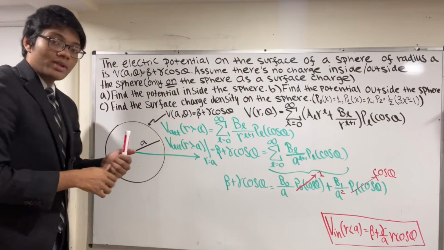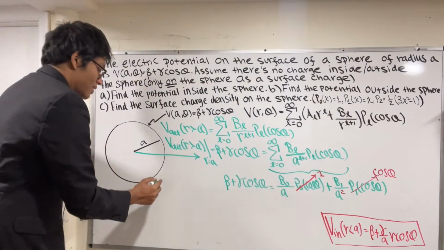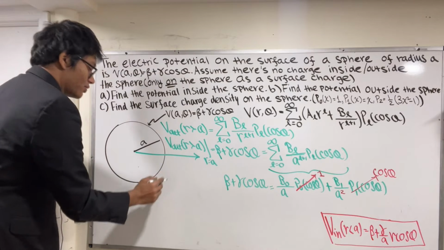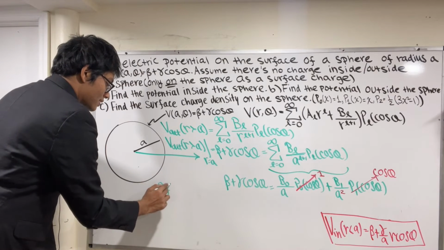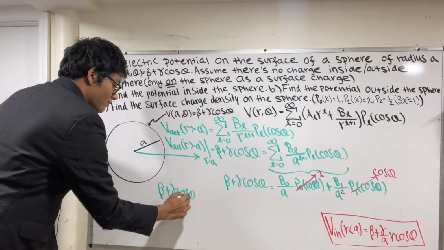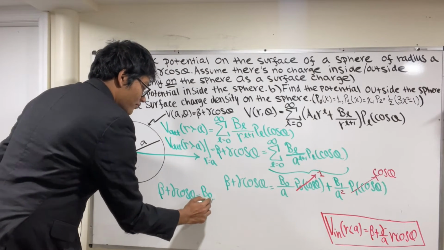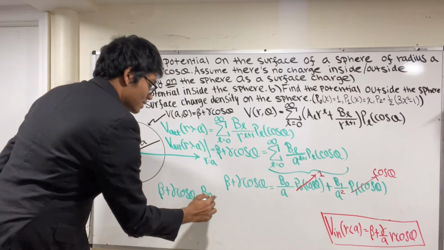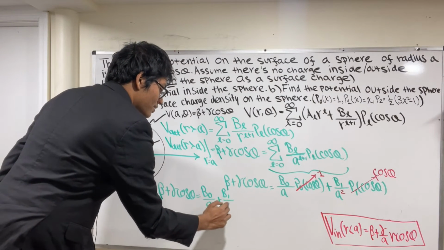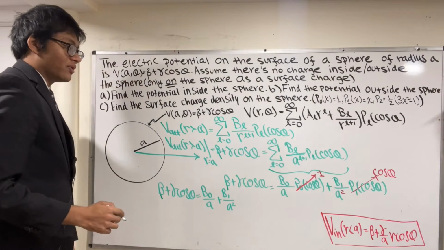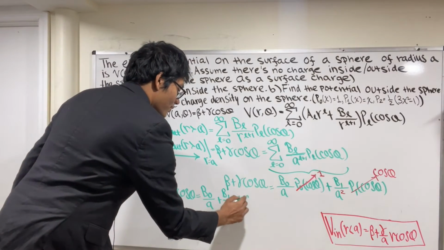So now, rewriting and consolidating everything, I have beta plus gamma cosine theta is equal to B sub 0 over A plus B sub 1 over A squared times cosine theta.